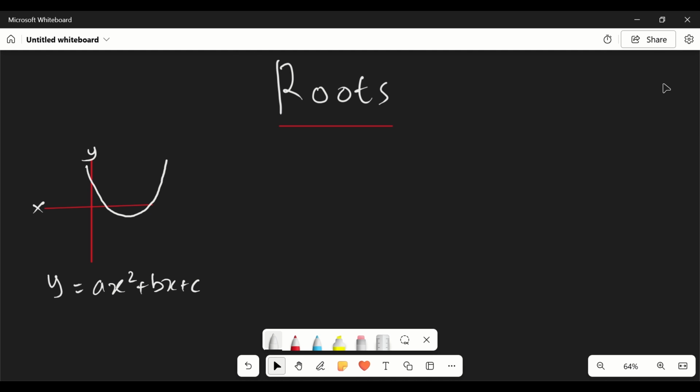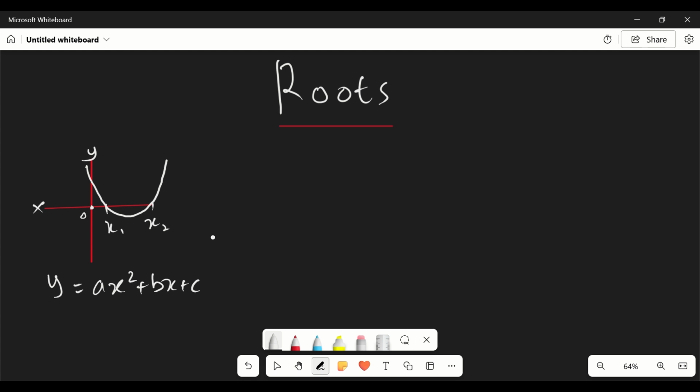So what are roots? The roots are where the graph touches the x-axis. Roots are solutions to ax squared plus bx plus c equals 0, because the value of y we are looking for is 0, and what is the value of x? We call them x1 and x2.